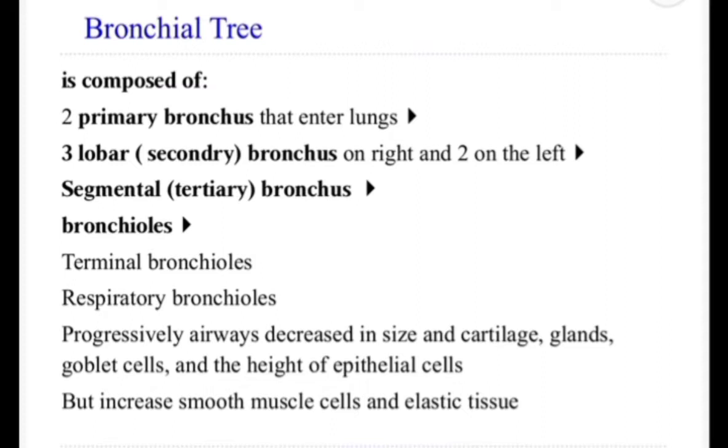So in this way, progressively the airways decrease in size and in cartilage, glands, goblet cells, and the height of the epithelial cells, but they increase in smooth muscle cells and elastic tissue.